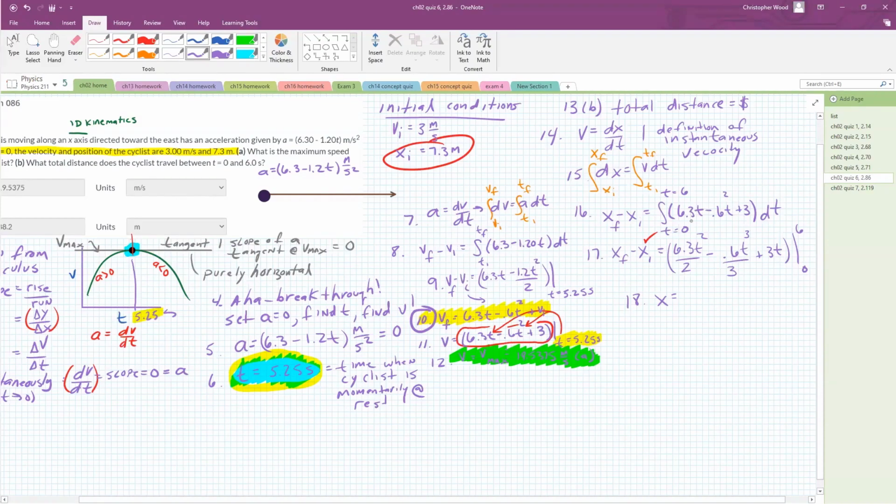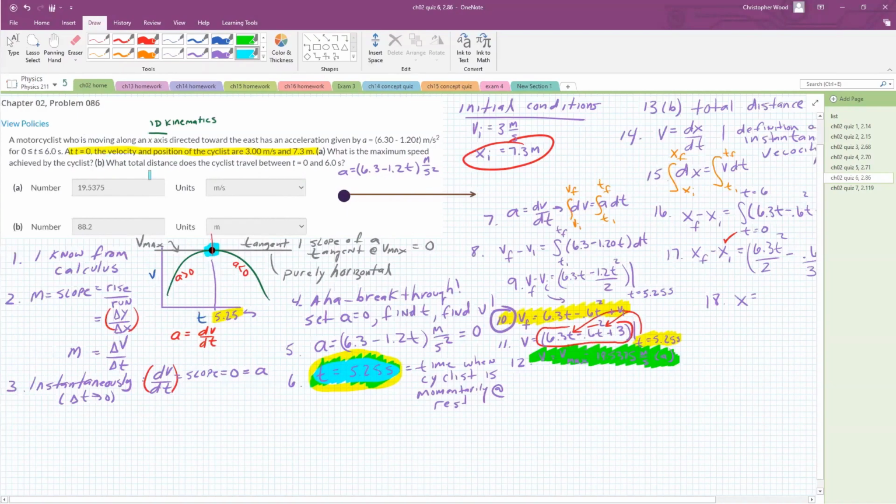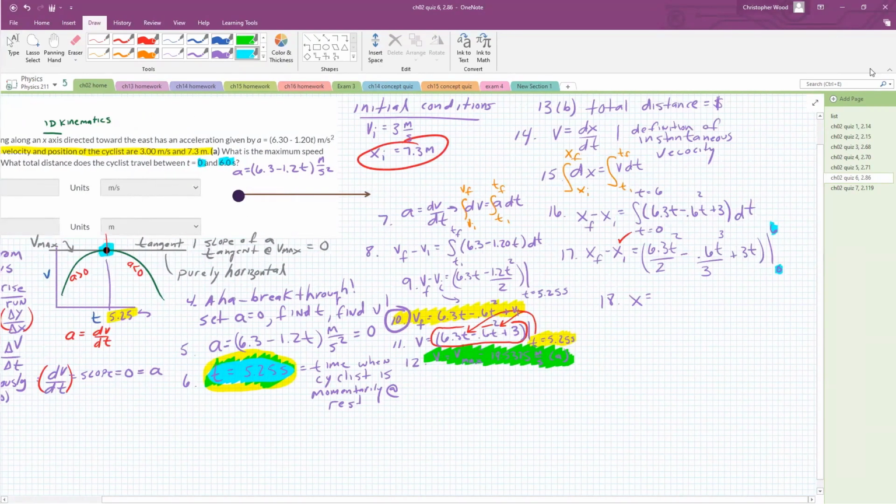The x initial is 7.3 meters. And then T, you're evaluating T from 0 seconds to 6 seconds because that's what the problem specified. What is the total distance traveled by the motorcyclist between 0 and 6 seconds? Okay, so let's do 6.3.